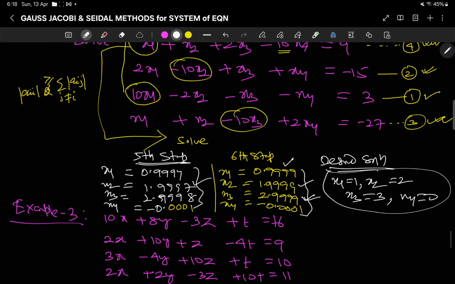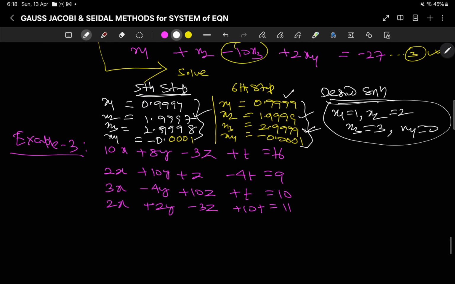Okay, now coming to the last example. Here you see, this place is larger, this is larger, this is larger, and this is larger.